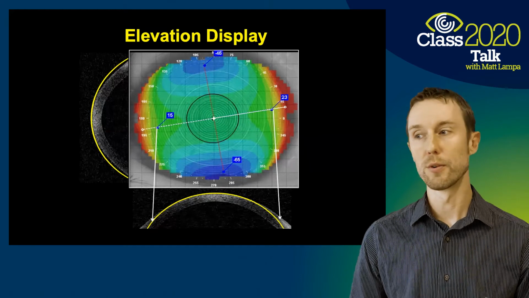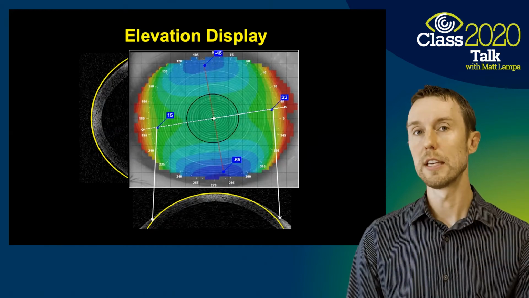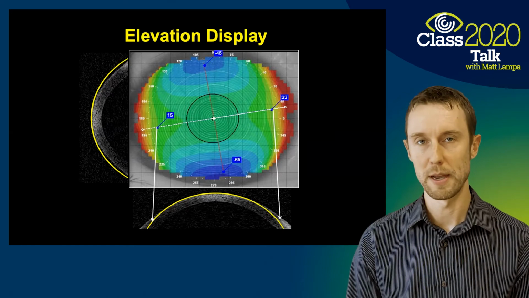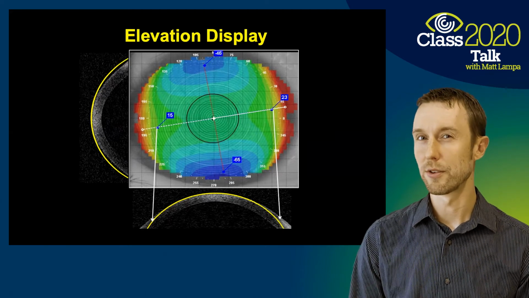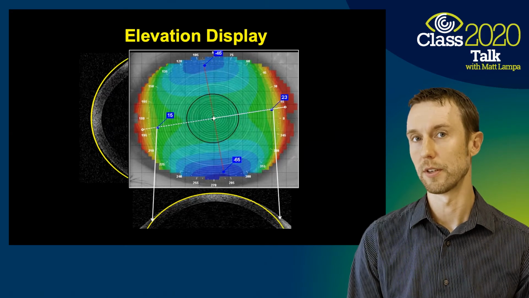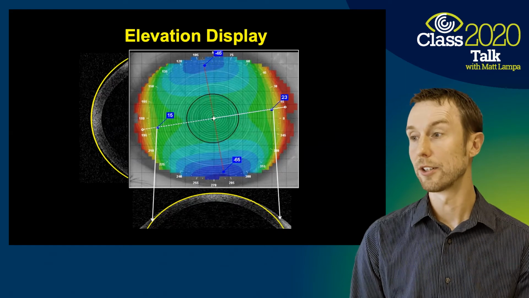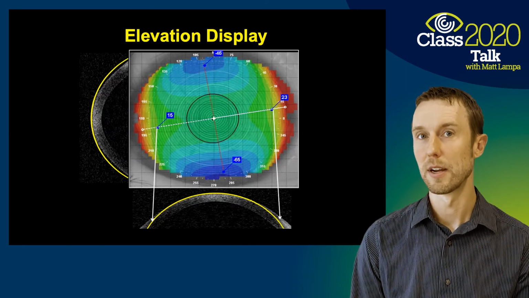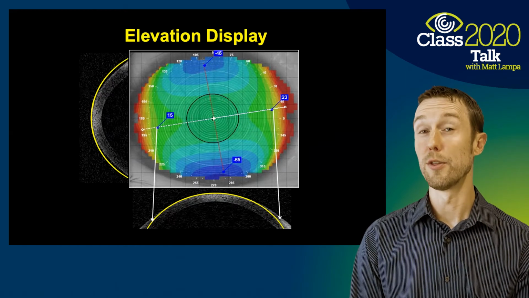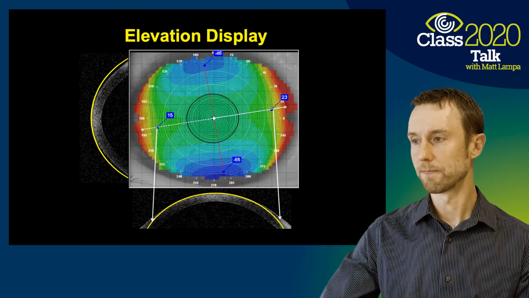If so, it's going to give us a positive value. It's saying it's above sea level by some micron amount. If though, the answer to that question is that it has to measure down from that reference surface, below sea level, below the level of the ocean, it's going to give us a minus number and identify it in the blue colors.